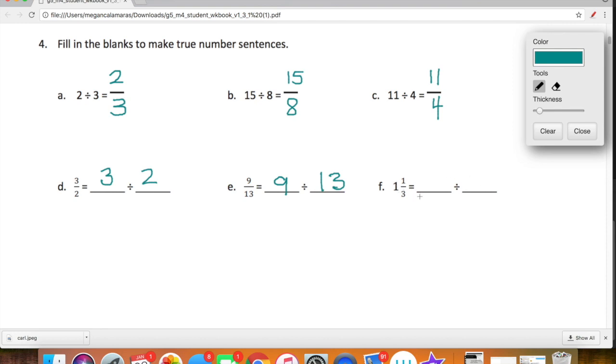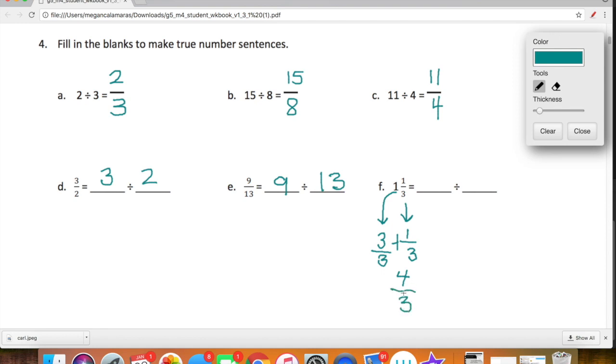And then here, 1 1/3 is equal to one number divided by another number. This is a mixed number. I only have 2 spots here. Let's go ahead and transform this mixed number into an improper fraction. So let's bring down our 1/3. 1 is a simplified version of 3/3. 1 1/3 is equal to 3/3 plus 1/3. 3/3 plus 1/3 is equal to 4/3.